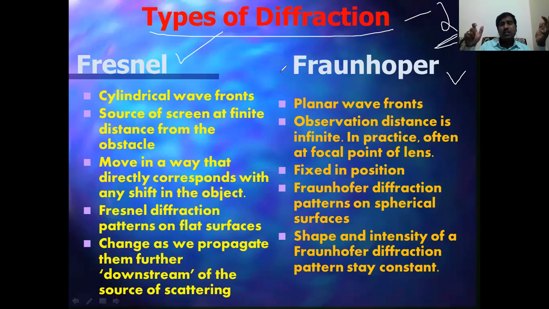But when you want to go behind that, to atomic size, we go for electron diffraction. When you want to go for nucleus-related work, neutron diffraction. This is a very important question for competitive exam purposes.